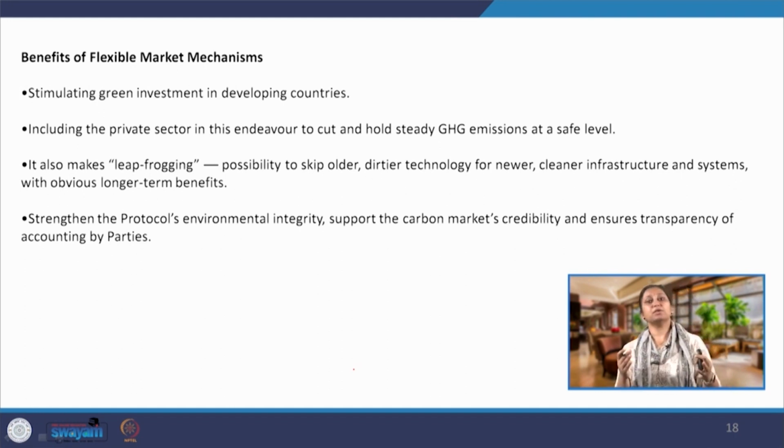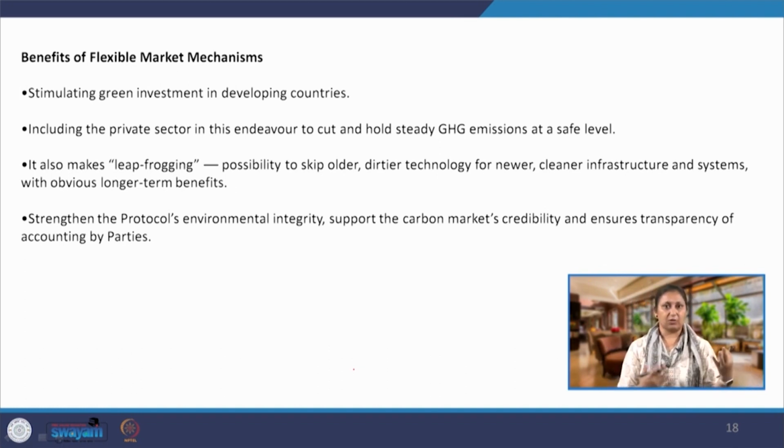At the end of the day, when we were talking about climate change risks, we had seen that the economic risks due to transition are also significant, they are substantial. This is where this mechanism eases the transition, because the country which is in the mode of transition is not the one who is paying; there is somebody else who is paying.